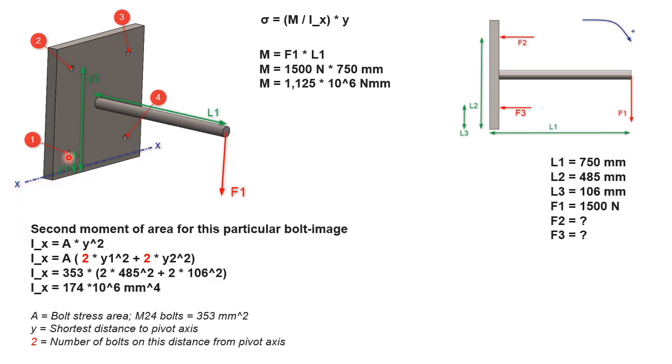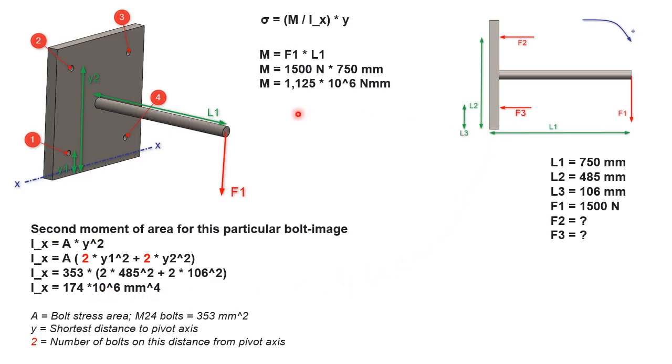I take the area here, multiply it with the distance squared, and since there are 2 bolts at the same distance, I multiply it by 2. Then I add another area of the same size, multiply that with y2 squared, and there are also 2 bolts up here, so another multiplication by 2. That's what I've done here. I take the area out of the brackets, with 2 multiplied by y1 squared and 2 multiplied by y2 squared. Inserting the numbers gives a second moment of area.